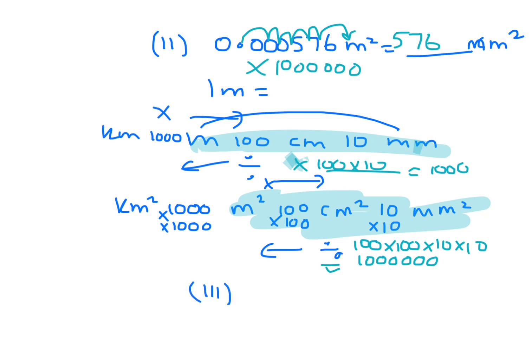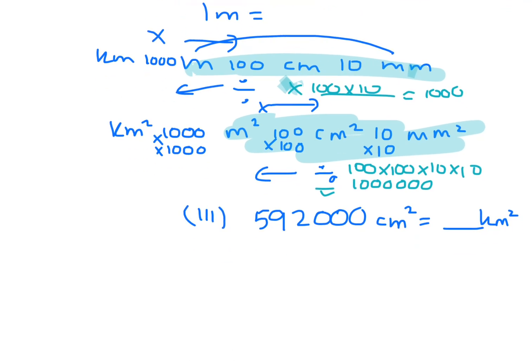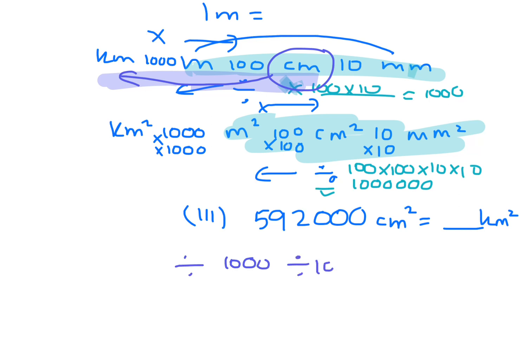And let's just look at one more. So let's go 592,000, and that's centimetres squared into kilometres squared. Okay, so if we look at the conversion table that's up the top, if I want to go from centimetres squared back to kilometres squared, that would normally be divide by 100 and divide by 1,000.